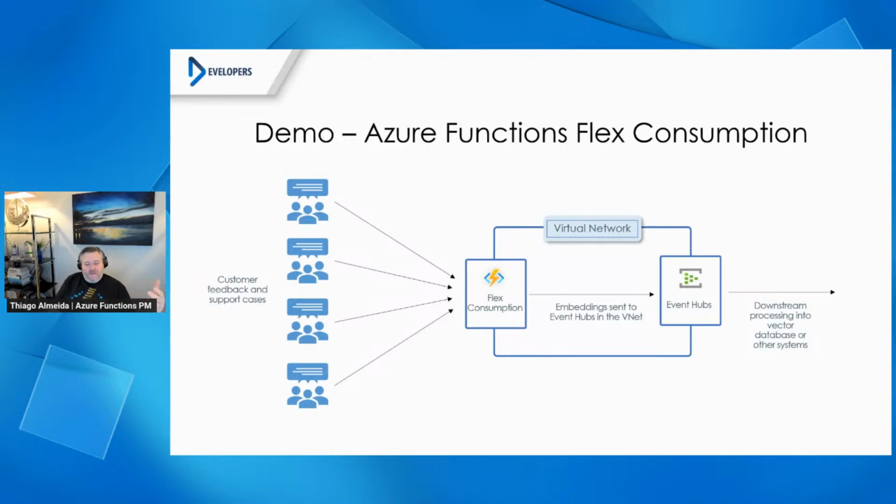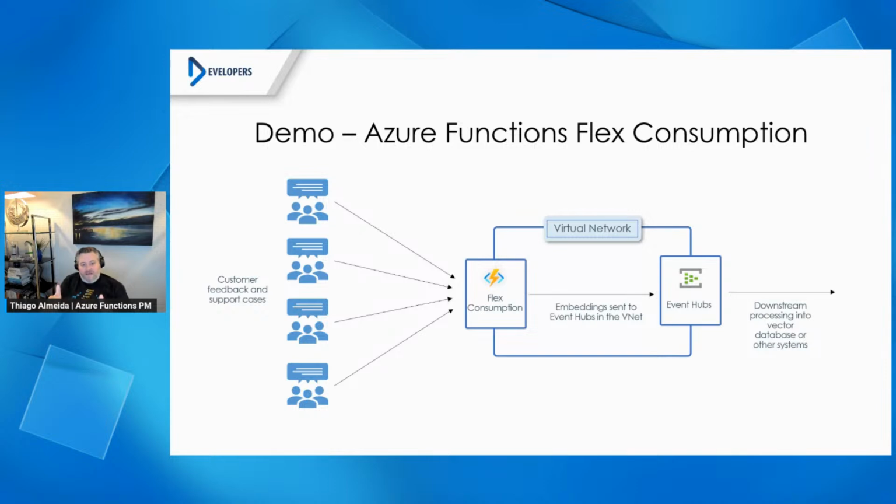We're ingesting all of that via HTTP into a Flex Consumption app, and then we want to send those support cases downstream via event hubs to be processed into a final database or a final system that will take care of those support cases, which is a pretty typical scenario that we've seen from customers.